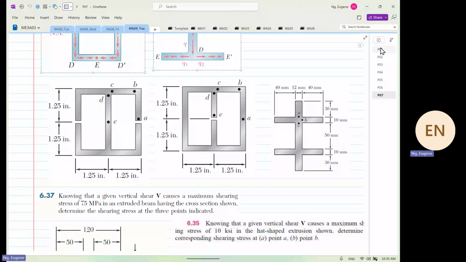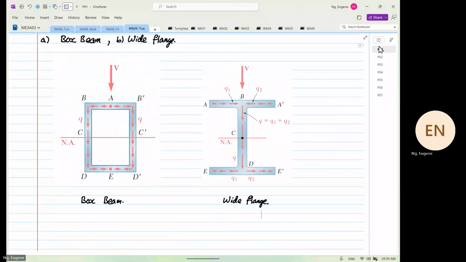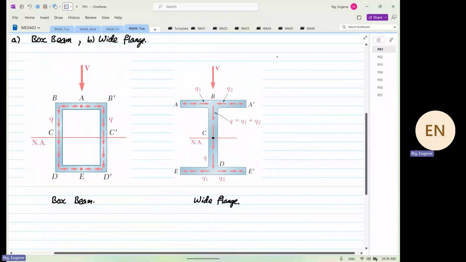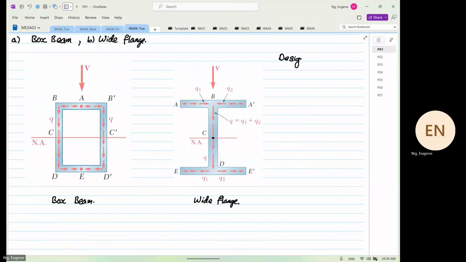So what are the rules? As I mentioned before, we have to know how to design the shear flow.